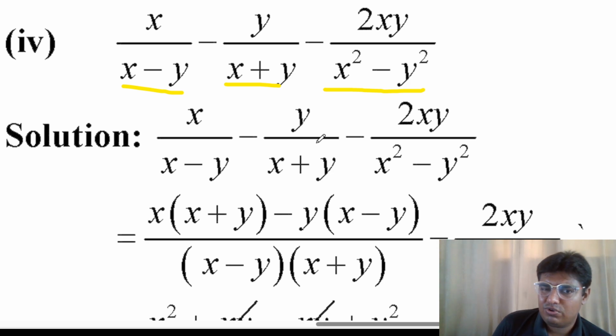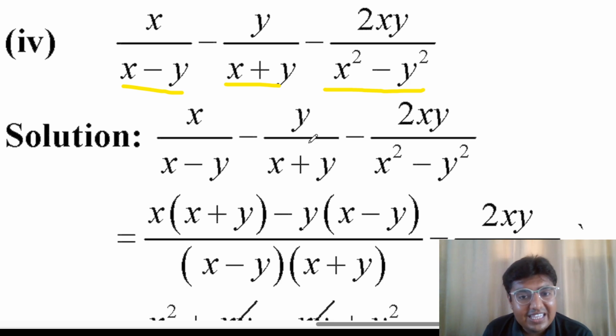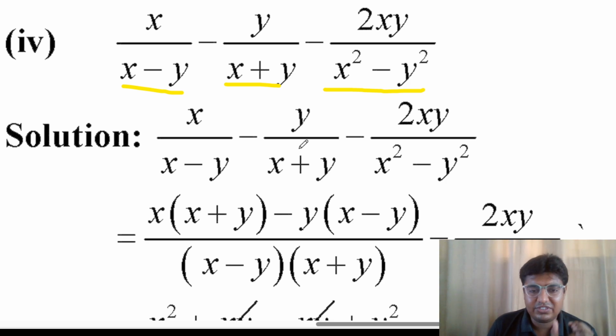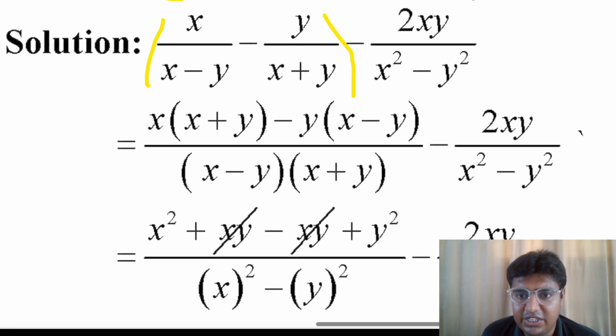So can I do two fractions first? I will keep the third as it is, because these two after solution will become one fraction, so it will be much easier for me. So I will just solve these two brackets right now. Okay, and this I will just copy.